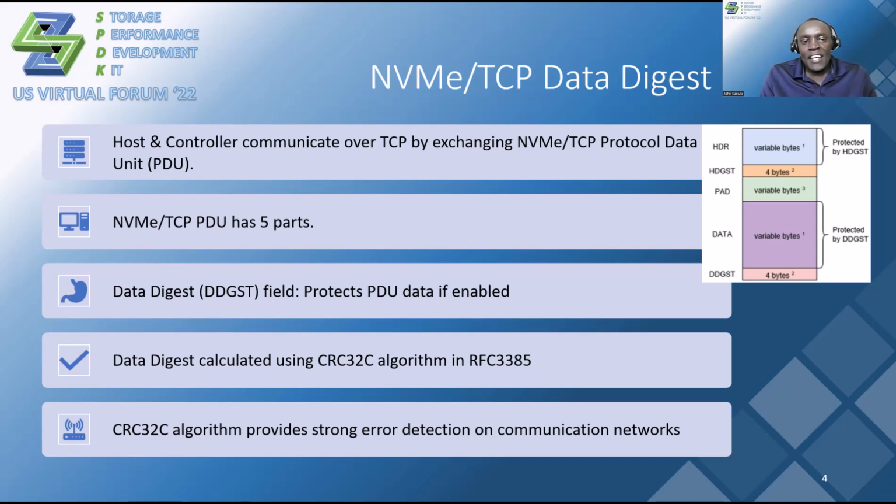Now, if that data digest field is enabled, the digest will be calculated using the CRC32C algorithm in the RFC 3385. And then it will be added to that data digest field that's at the bottom of that diagram that I'm showing, that DDGST field. What our objective was in our benchmarking was to measure the incremental overhead of calculating that CRC32C with software on the CPU cores that are assigned to the target application.